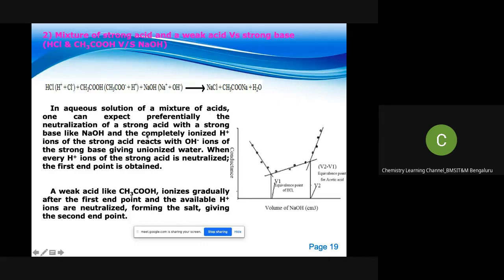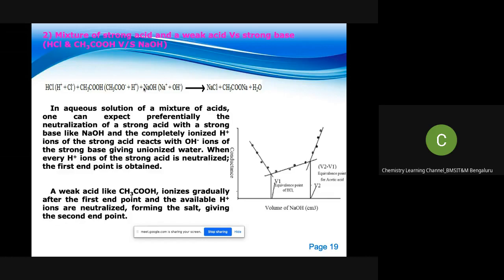So we have HCl and acetic acid given in the form of a mixture, and it is titrating against NaOH. So each time go on adding NaOH, taking the readings with an interval of 0.5 cc.